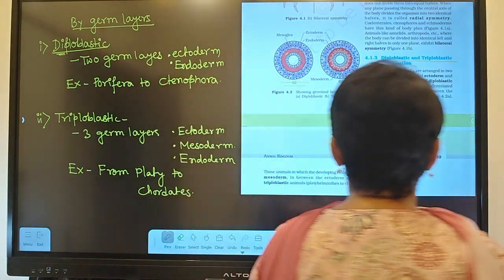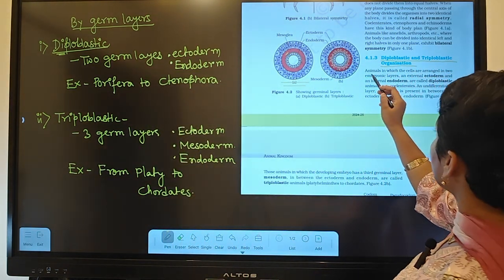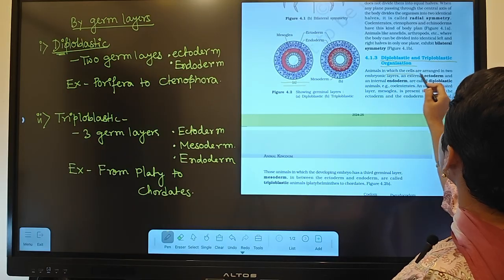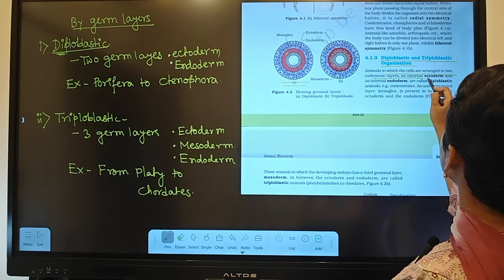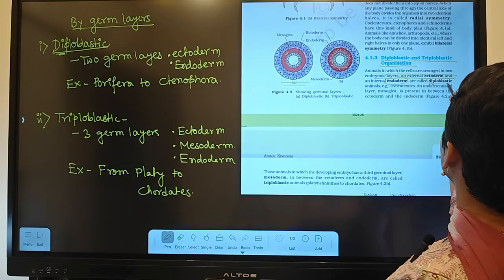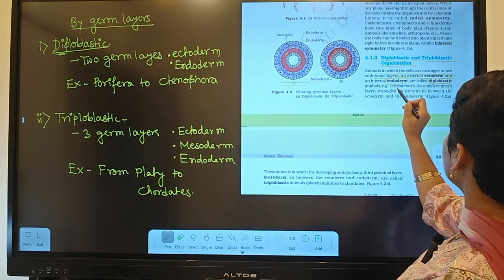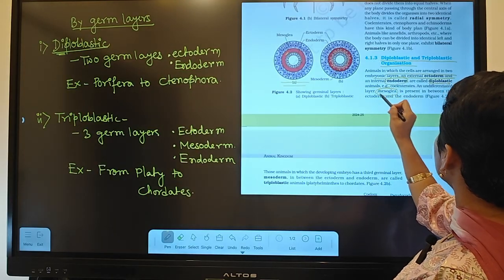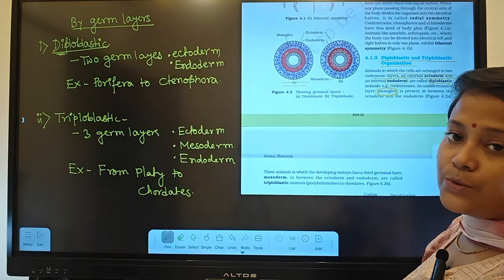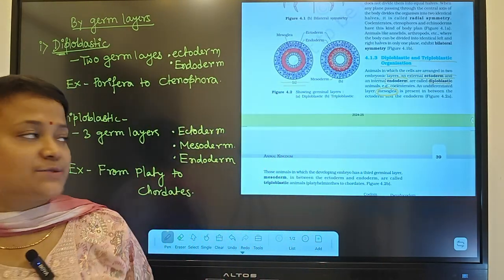Let's check what NCERT is saying. Animals in which the cells are arranged into embryonic layers, ectoderm and endoderm, are called diploblastic. An undifferentiated layer called mesoglea is present in between ectoderm and endoderm in diploblastic animals.